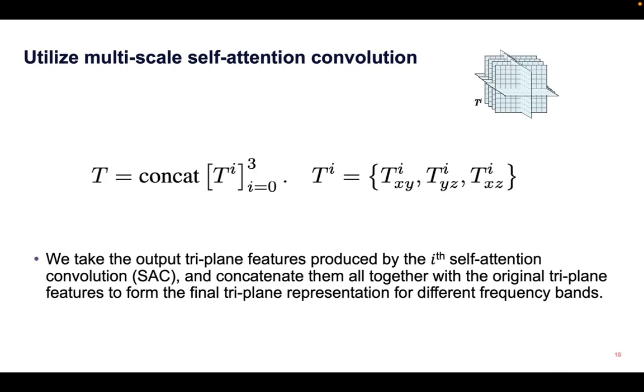We take the output triplet features produced by the self-attention convolution and concatenate them all together with the original triplet features to form the final triplet representation for different frequency bands. This further increases the fidelity of the surface reconstruction while suppressing noise.